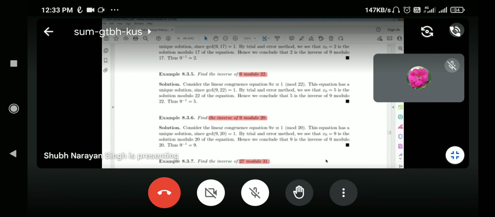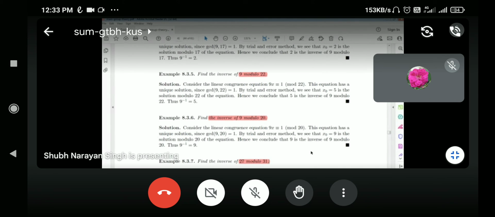Go the formal way. Just consider the equation 27x congruent to 1 mod 31, and convert this equation into the linear Diophantine equation. Because you know the method to find the solution of a linear Diophantine equation, use the Euclidean algorithm to find it.